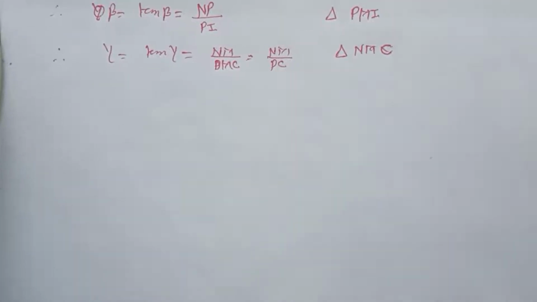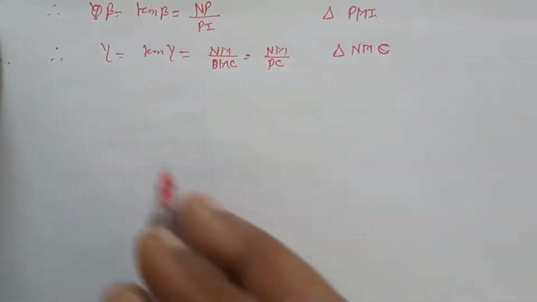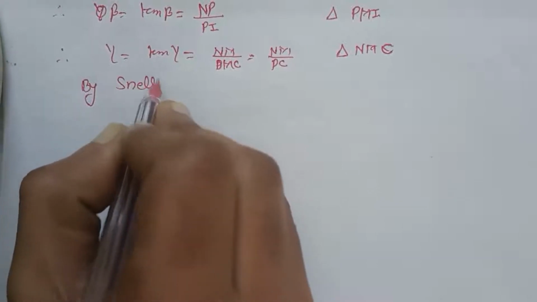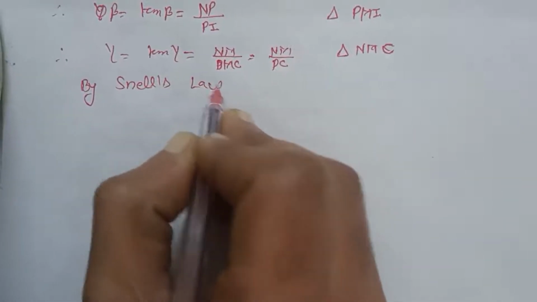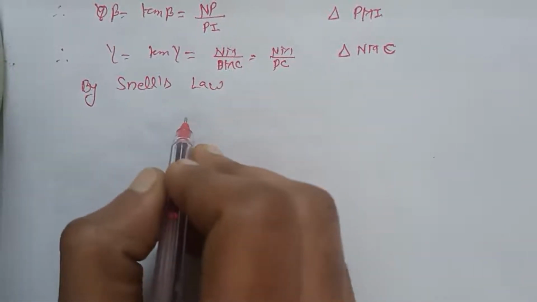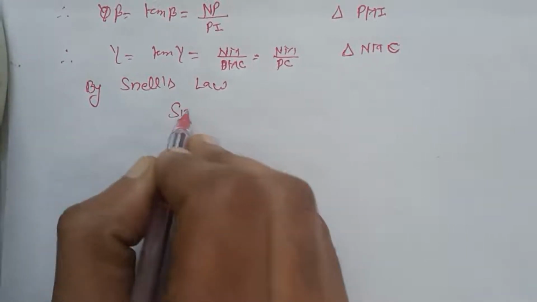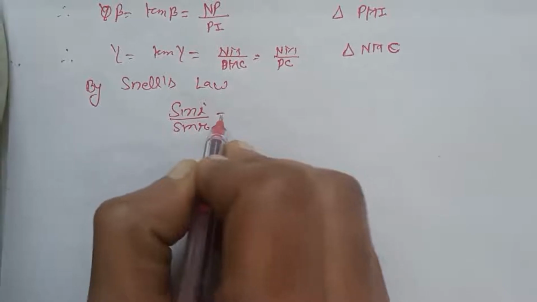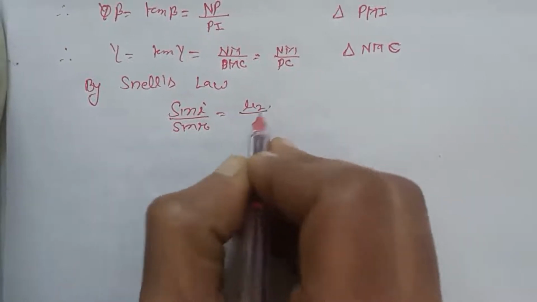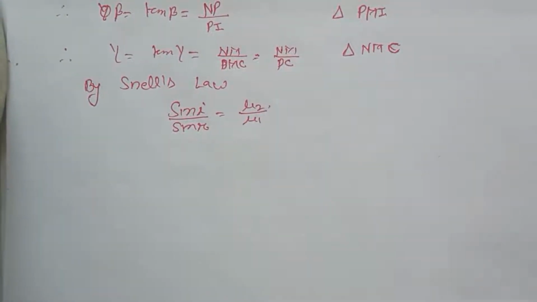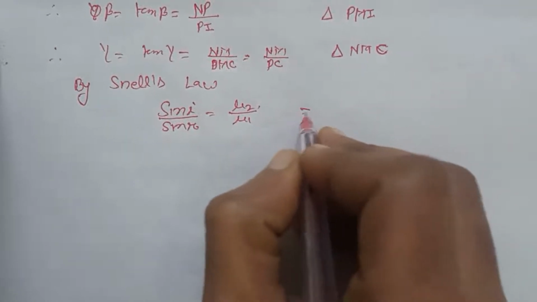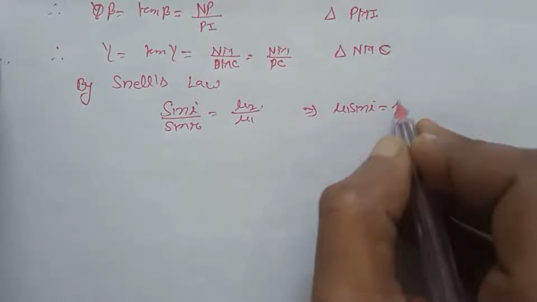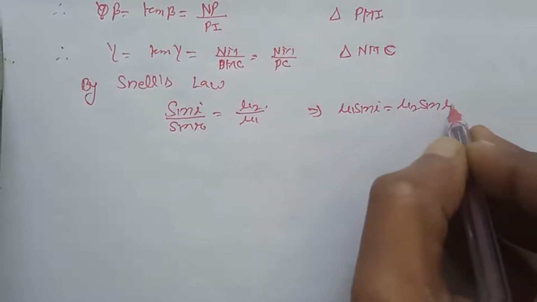Now using Snell's law, sin i divided by sin r equals mu2 divided by mu1, or mu1 sin i equals mu2 sin r.